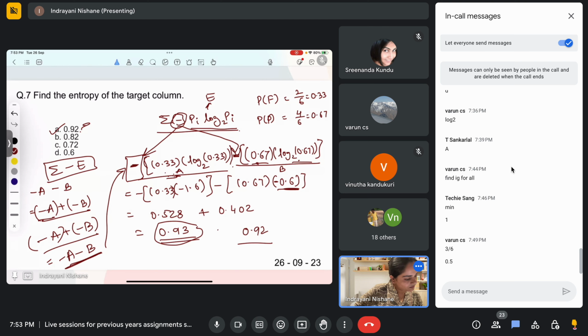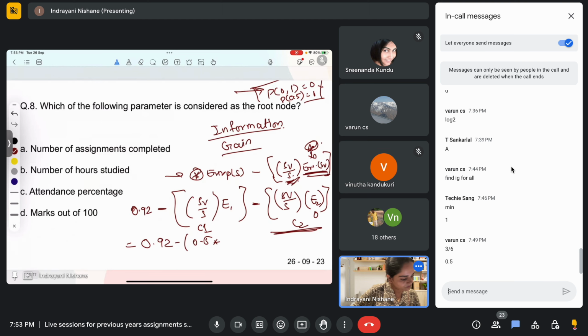So how will we do that? 0.5 into this entropy value 0.92, right? 0.92 multiplied by 0.5, which is 0.46.